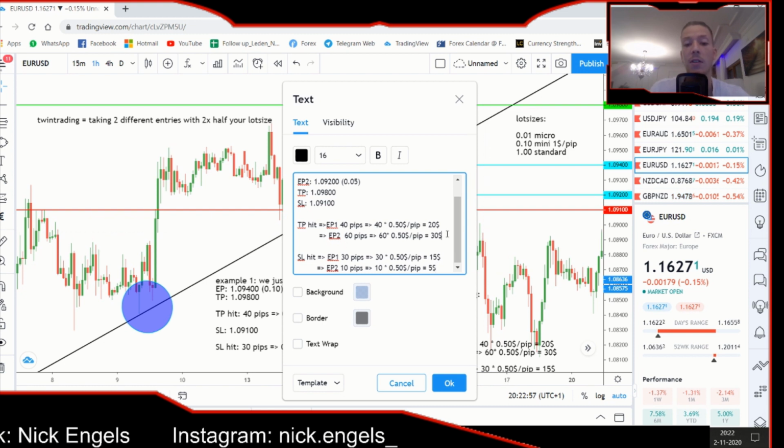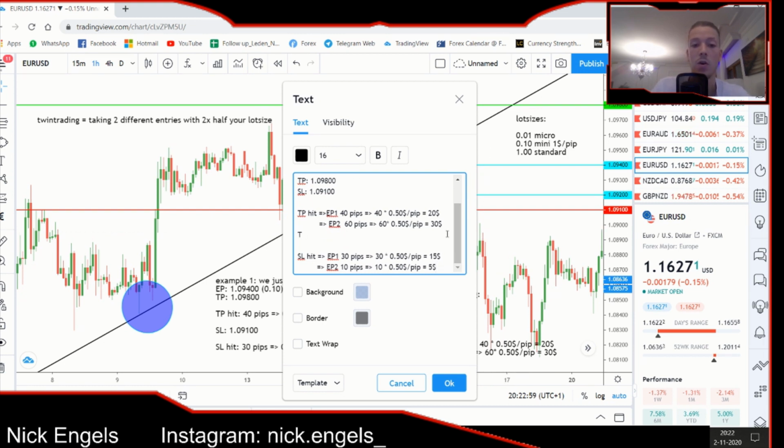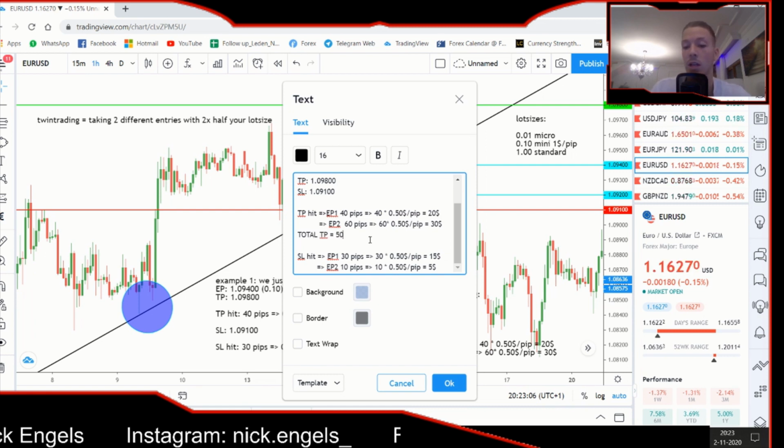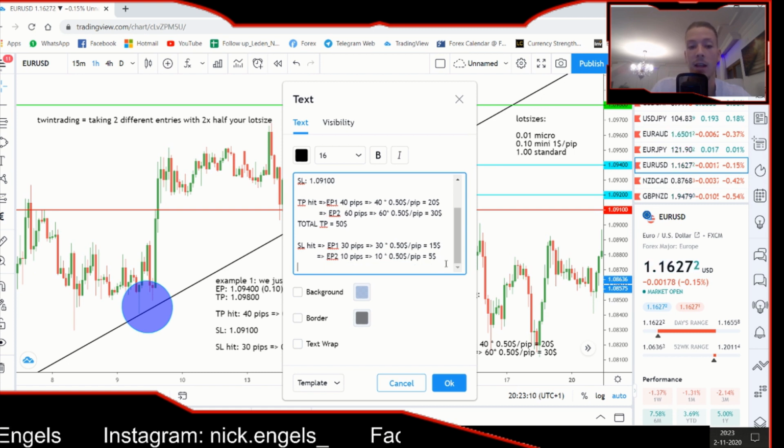So if we make a total of that, TP, that is 20 plus 30 is 50 bucks. This is easy, right? If we make a total loss, so total stop loss, 15 plus 5 is 20 bucks.